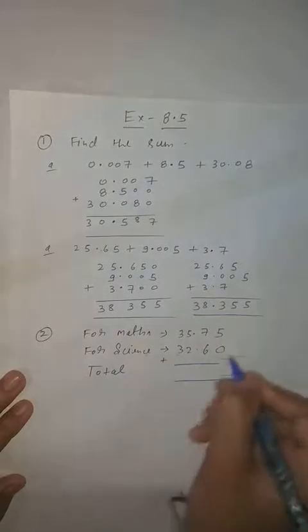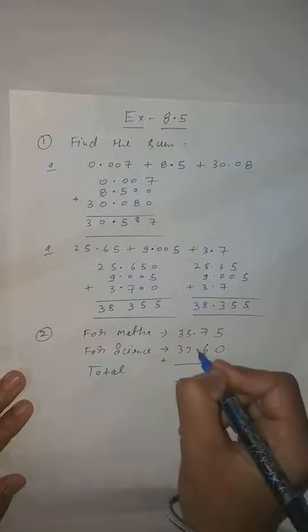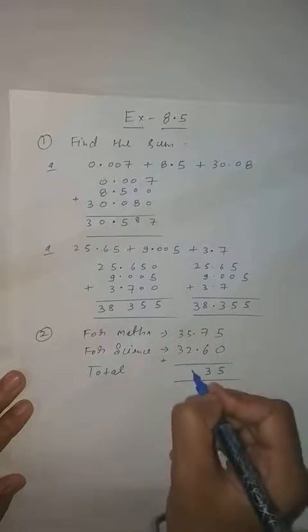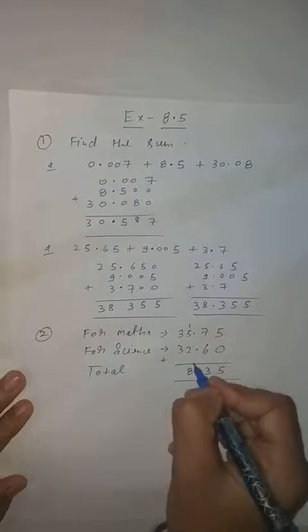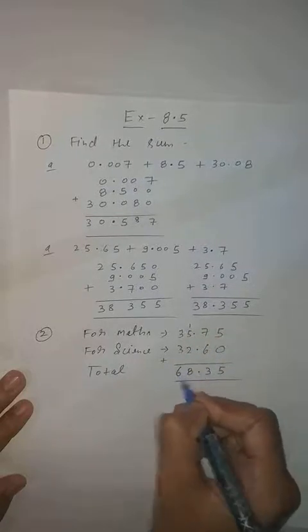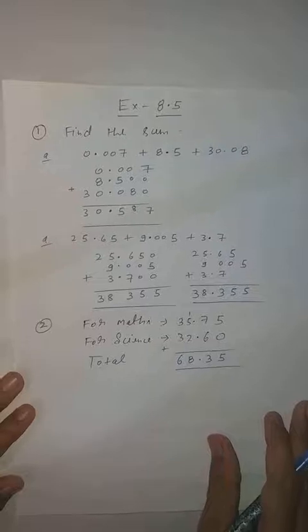Clear? Addition. So this will become 5. 6 plus 7 is 13. 5 plus 2 is 8... 5 plus 2 is 7. 7 plus 1 carry 8 and 3 plus 3 is 6. So this is 68.35. So what you will write down?